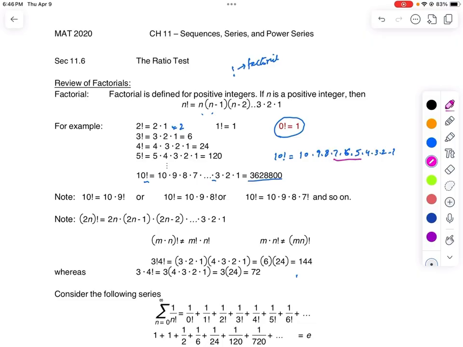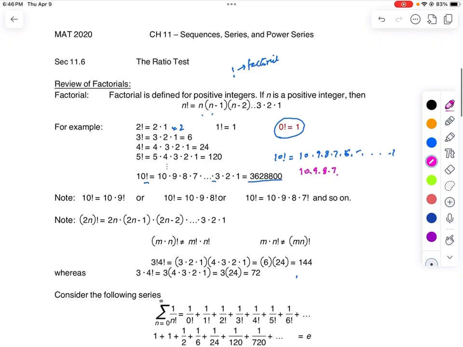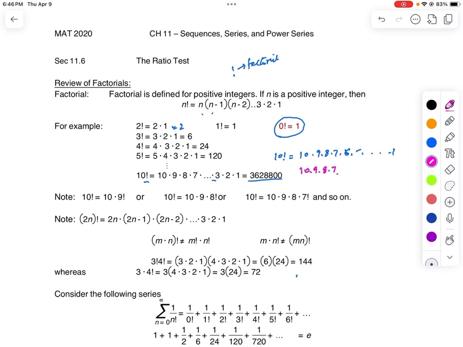If you notice here, if I look at this part, this is 7 factorial. That means I can write 10 factorial as 10 into 9 into 8 into 7 factorial. So why would I want to write it like this? It may be a requirement of the problem, so in some cases we can do that. In the same way, we can also say 10 times 9 factorial.